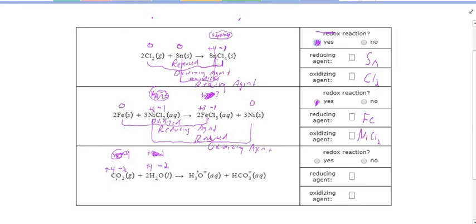Okay, each of the oxygens is a minus 2. And so for counting purposes, 3 times a minus 2 is a minus 6.